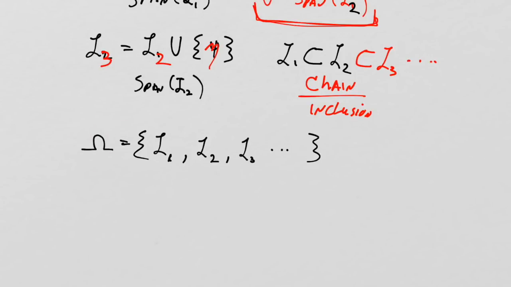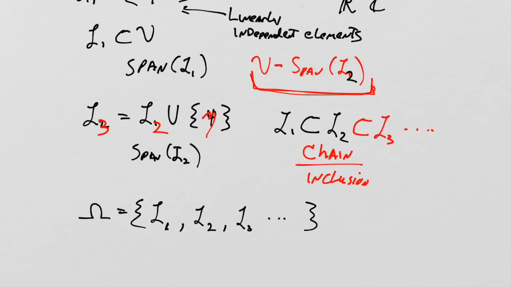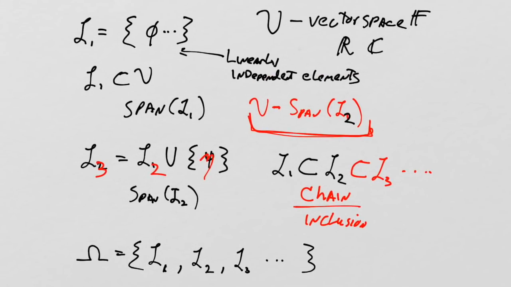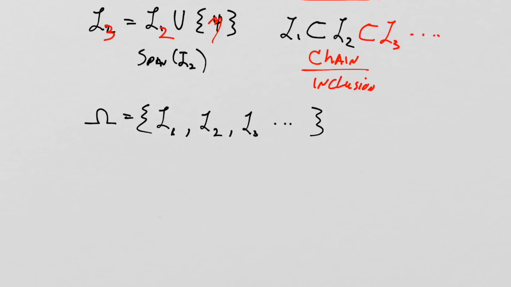I'm going to establish the fact that in principle I can create every possible chain of linearly independent vectors in the vector space V. And it looks like if I tried to name each one, there'd be some sort of countable list. But clearly, this could be an uncountable list of all possible chains, and then all possible sets that are the union of the subsets that make the chain.